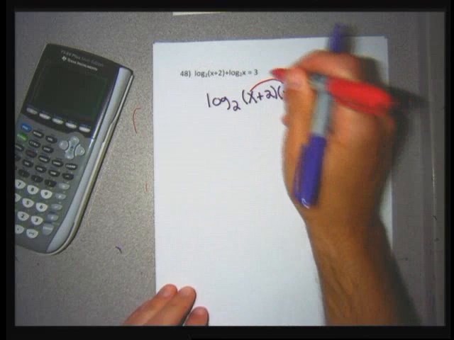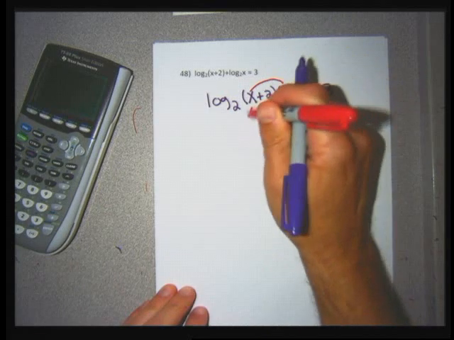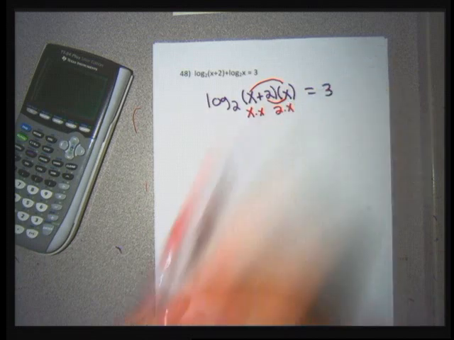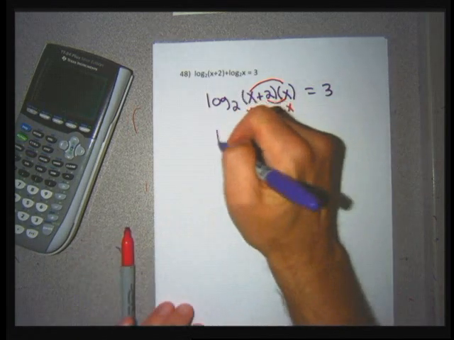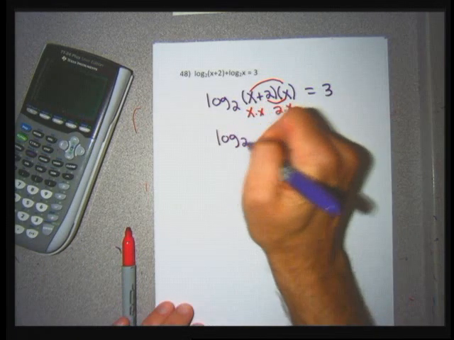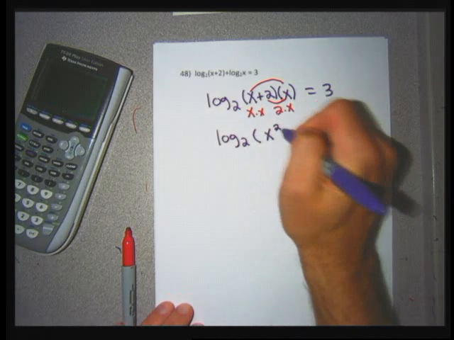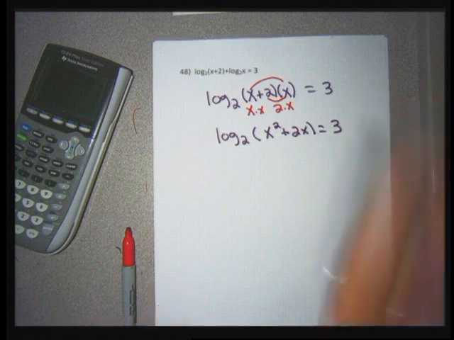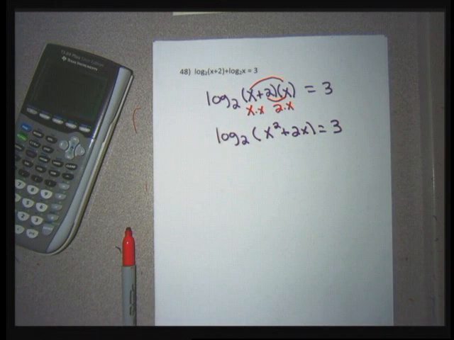And I'm going to do that multiplication. The multiplication is an x times an x and a 2 times an x. And so the left-hand side, I could write it as a logarithm base 2 of x squared plus 2x equal to 3. So I've cleaned up the left-hand side, made it down to one logarithm.